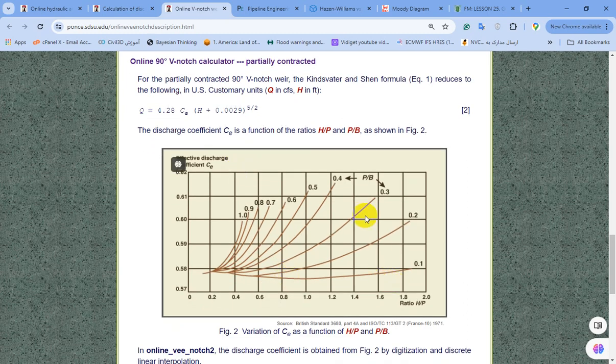This tool uses the ratio of H per B and P per B to calculate the CE coefficient or discharge coefficient.